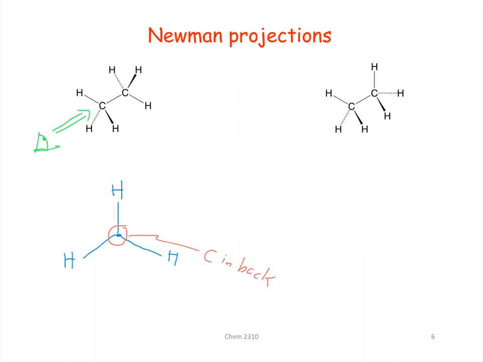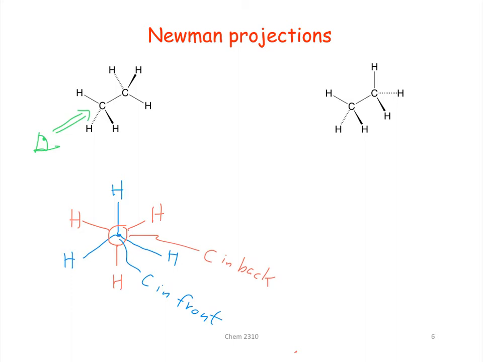The hydrogens on the one in back are just staggered from the ones in front. So here's one, and here's one. In blue is the carbon in front.